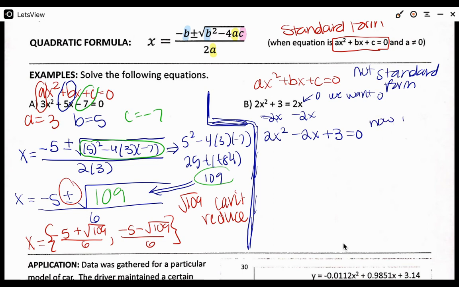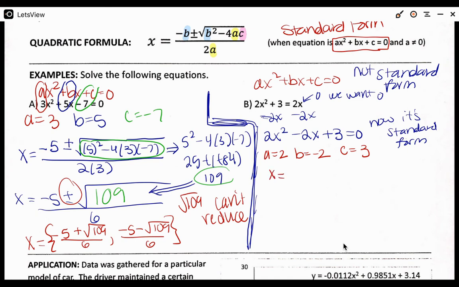Now it's standard form. So a is equal to 2, b is equal to negative 2, c is equal to 3. So plug it in.